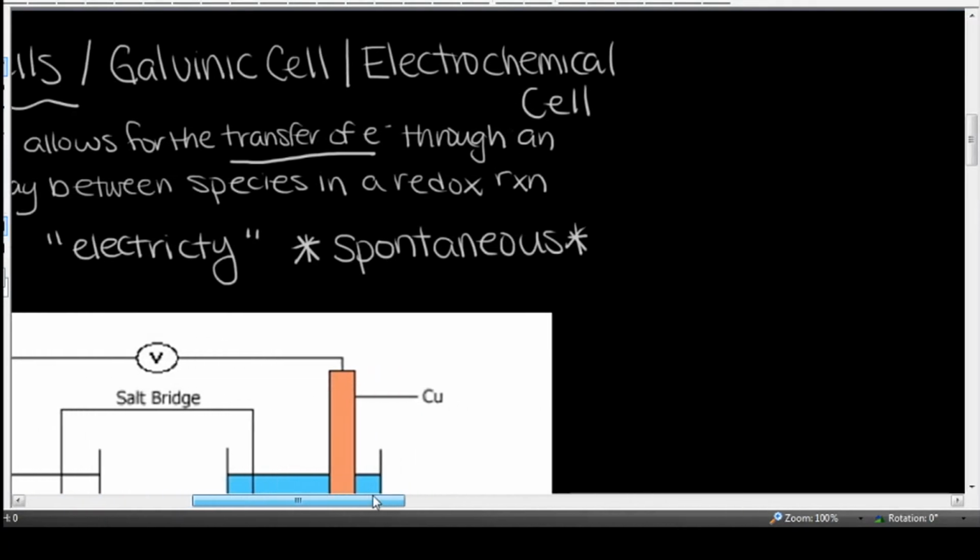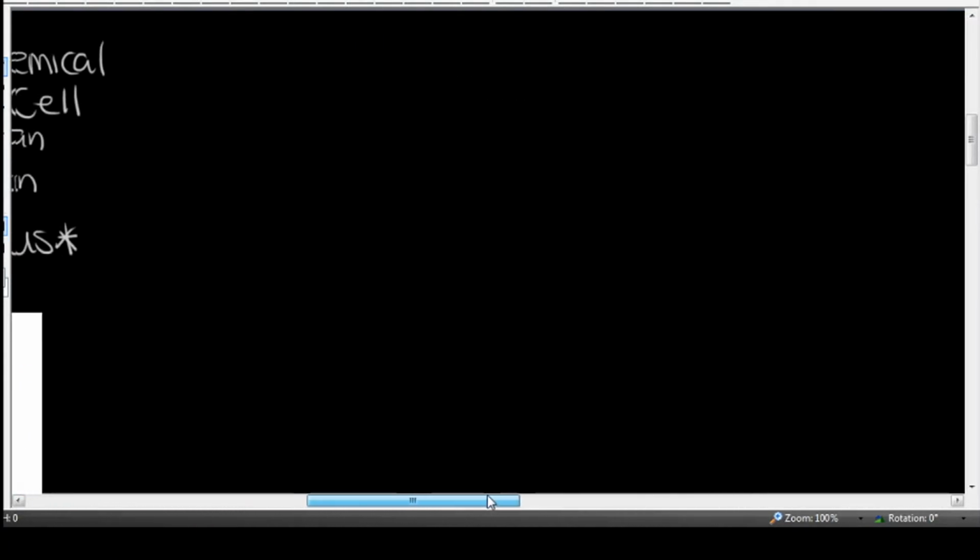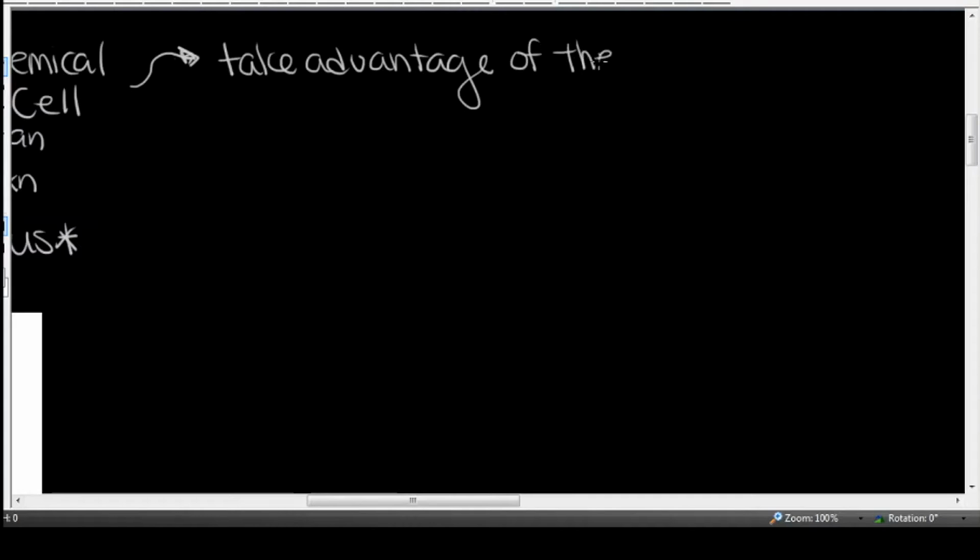So before we even look at our cell in detail, let's talk about the fact that electrochemical cells, so our notes from over here, these things take advantage of the difference in reduction potentials.